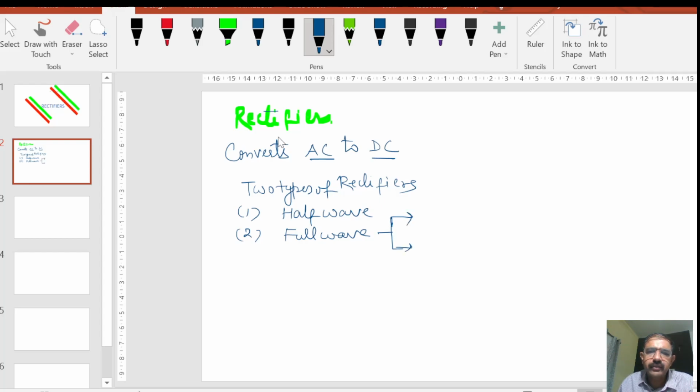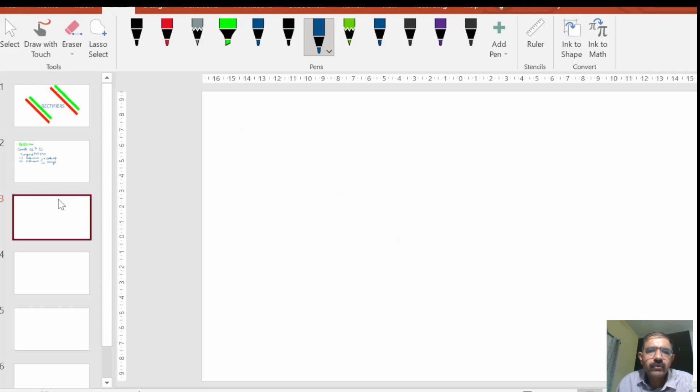First is the center tap full wave rectifier, and second is the bridge full wave rectifier. So these are the rectifiers we are going to discuss. First we start with the half wave rectifier, HWR.